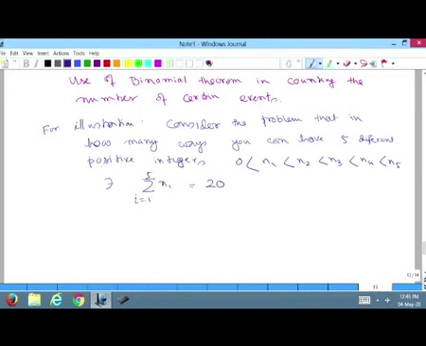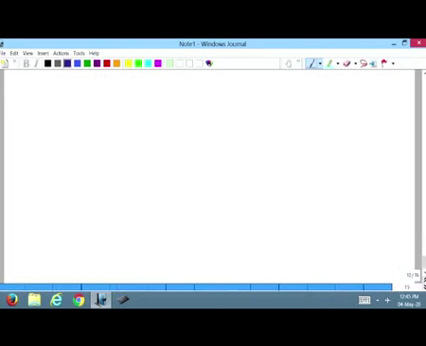In fact, we have found that the number of solutions is 7. What are those?